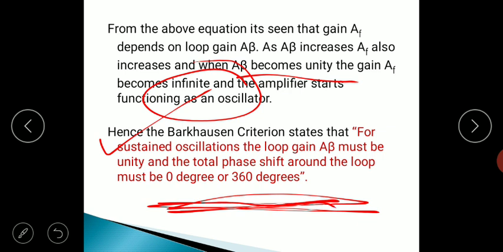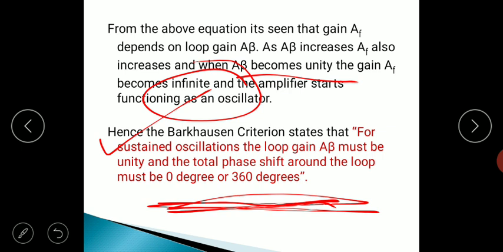This is a very important part. What do you mean by the total phase shift around the loop being 0 degrees or 360 degrees or multiples of 360 degrees? This indicates that there compulsorily has to be positive feedback, because when you say the phase difference is 0 degree, both the input and feedback signal are in phase. Or when you say the phase difference is 360 degree, again both the input and feedback signal are in phase.